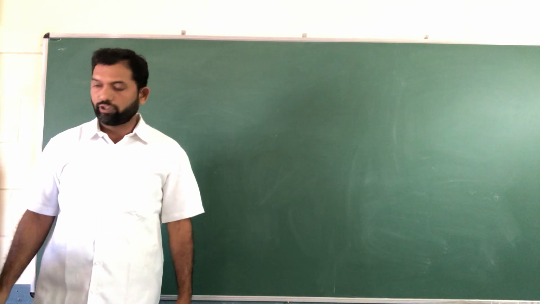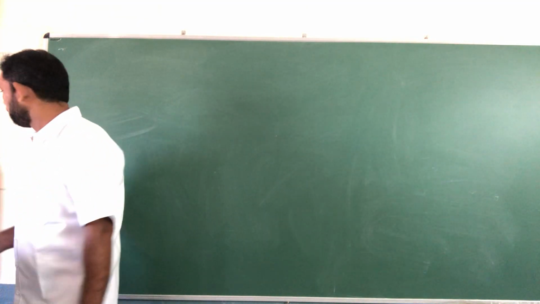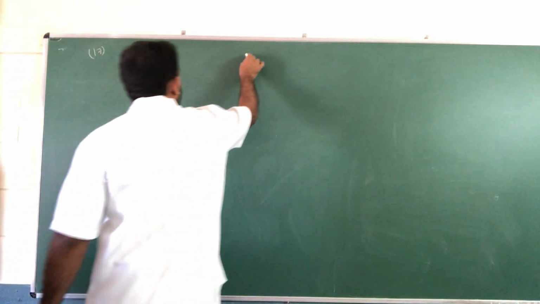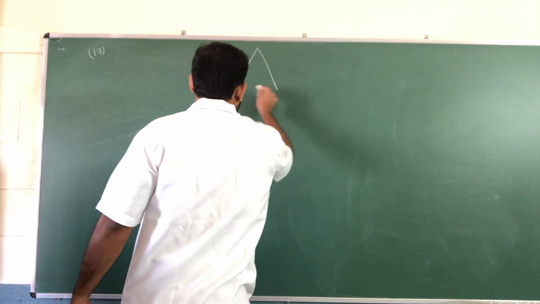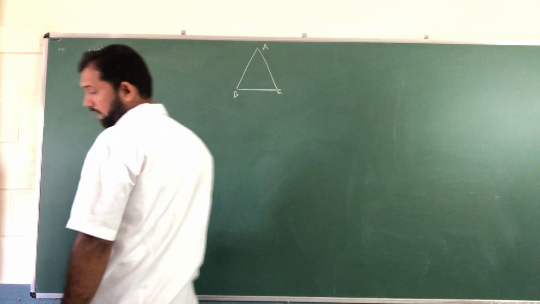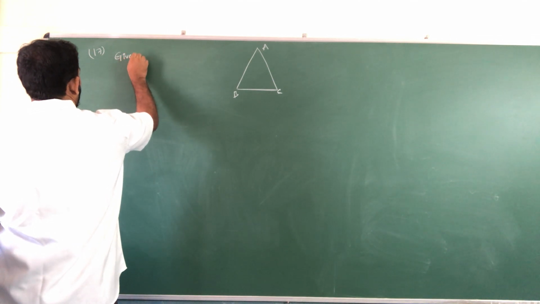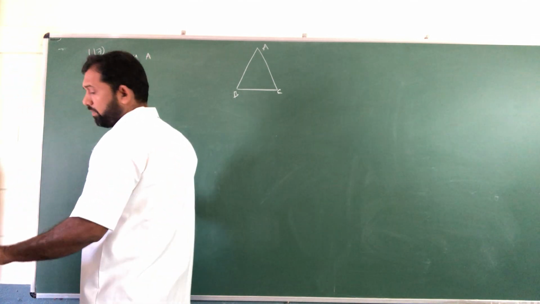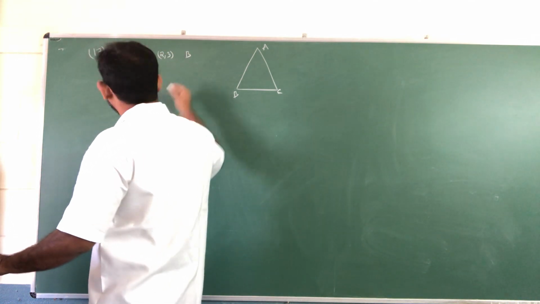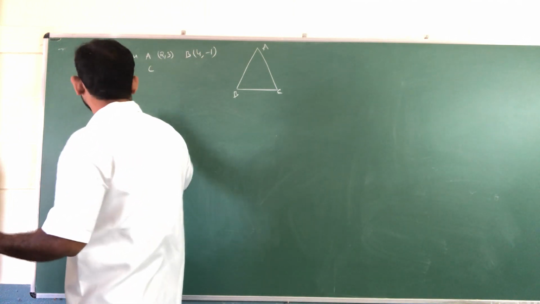Now the next question. In the triangle ABC, given A vertex (2, 3), B vertex (4, -1) and vertex C (1, 2).